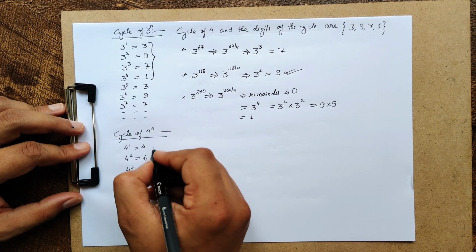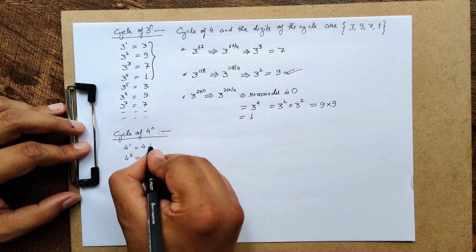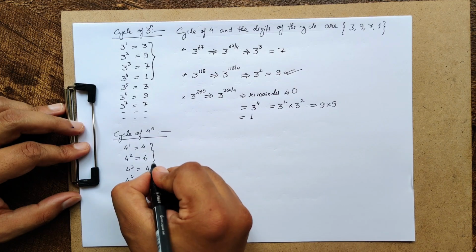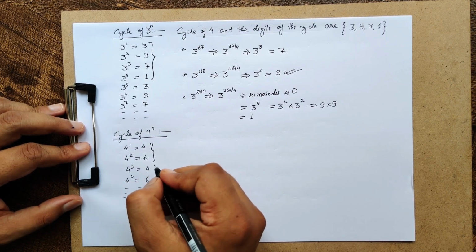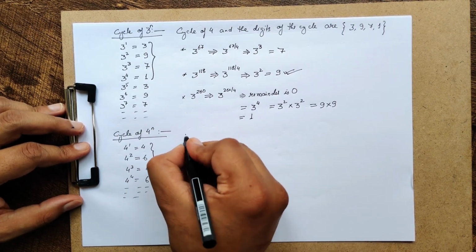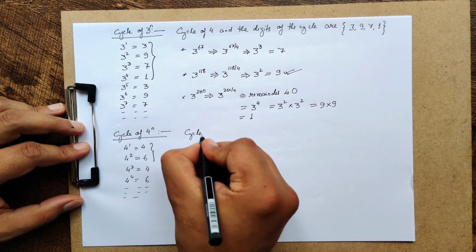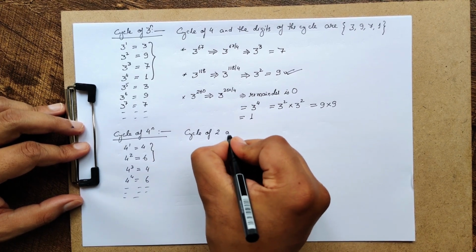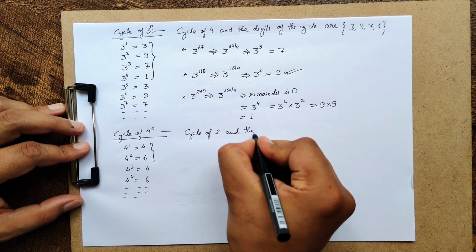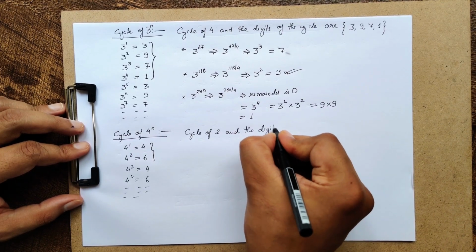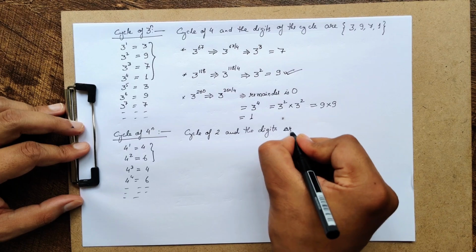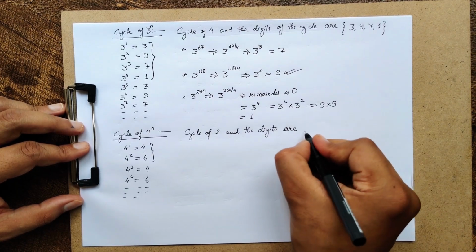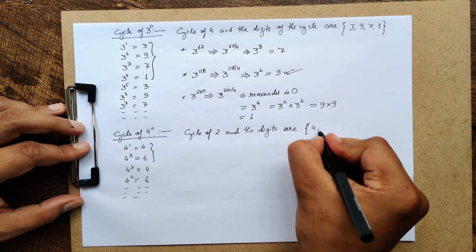So we see here that 4 follows the cycle of 2, right? And the digits of the cycle are 4 and 6. So we can write: cycle of 2, and the digits are 4 and 6.